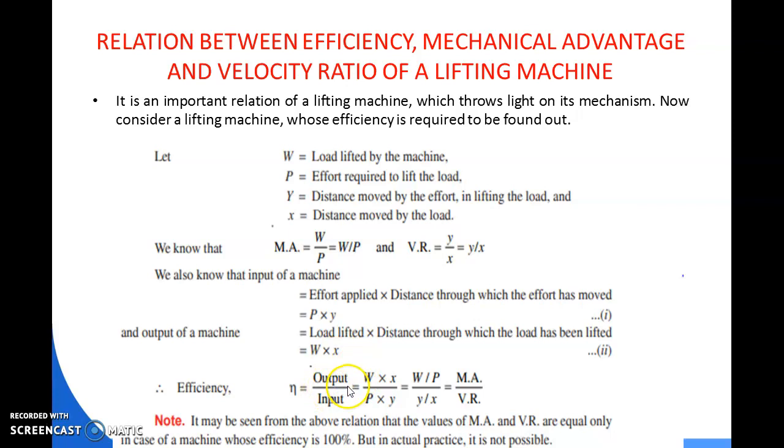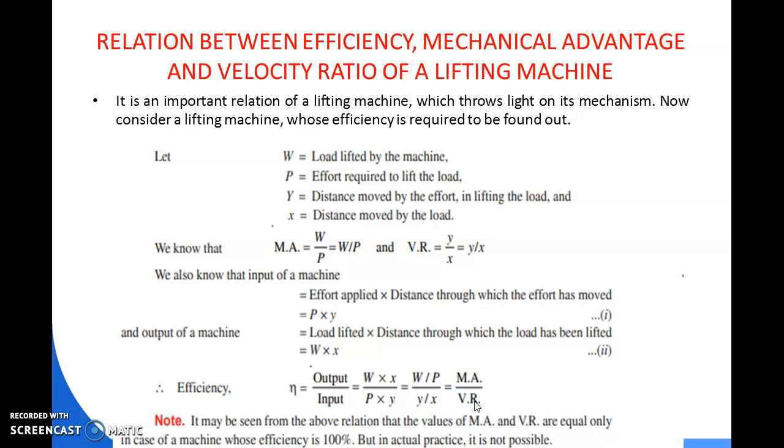According to this expression, the output is equal to W into X and the input is equal to P into Y. By solving this, we will get W by P divided by Y by X. And this W by P is the value of mechanical advantage and this Y by X is the value of velocity ratio. That means here mu is equal to mechanical advantage by velocity ratio.